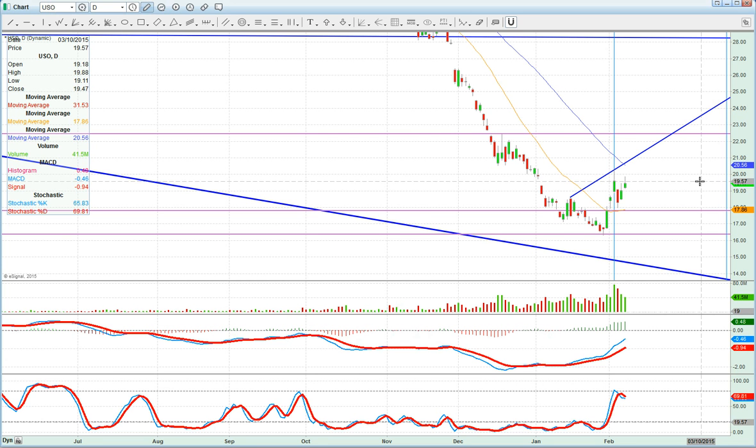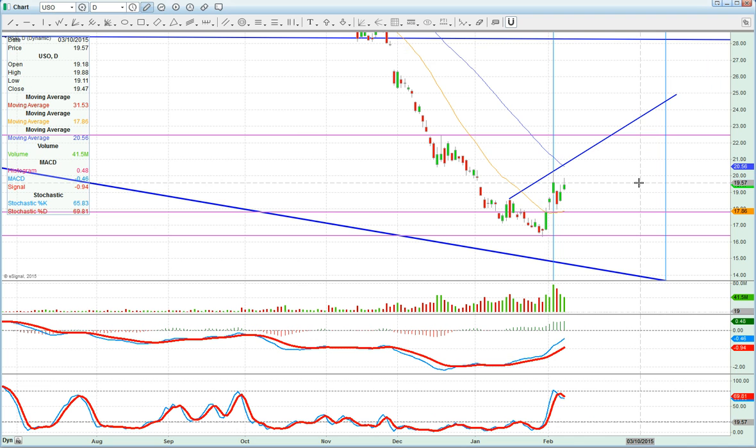And again, I'm looking at the USO, so you can look at your crude oil charts to assess it as well. But I'm thinking around this area right here will serve as some major resistance if it gets there. But as you can see, there's not really much more upside.